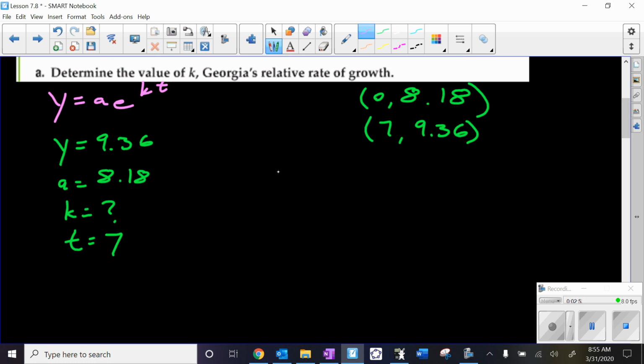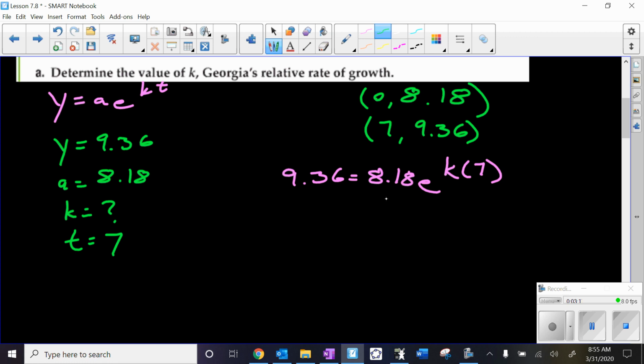Okay, so 9.36 equals 8.18 e to the k times 7. This one's a little different. I do have an a value. Before I can take the natural log on both sides, I have to get this base e by itself.